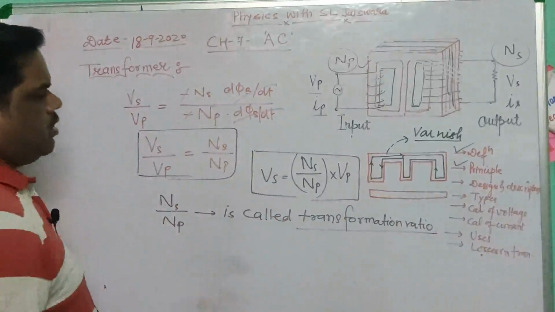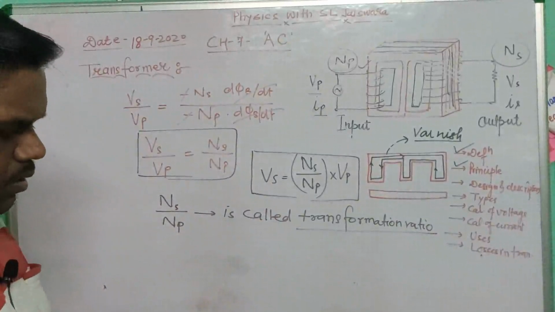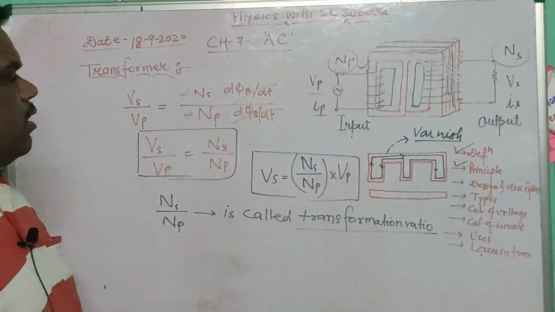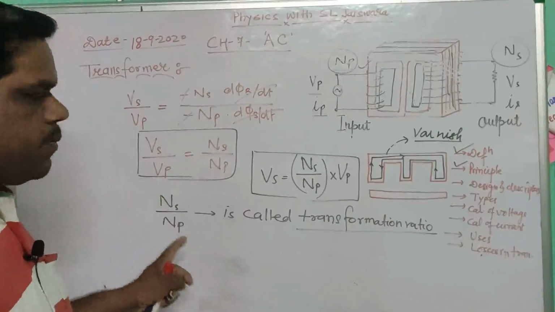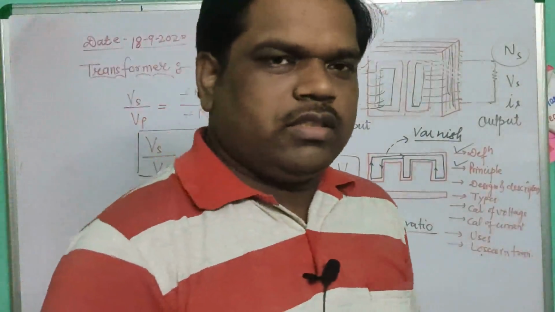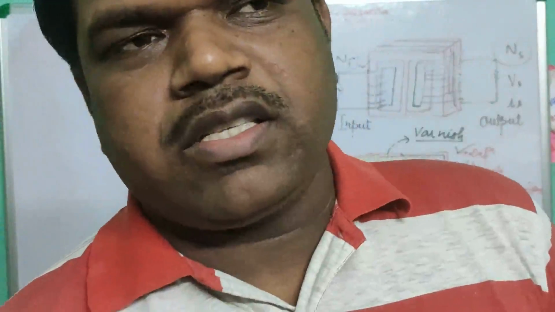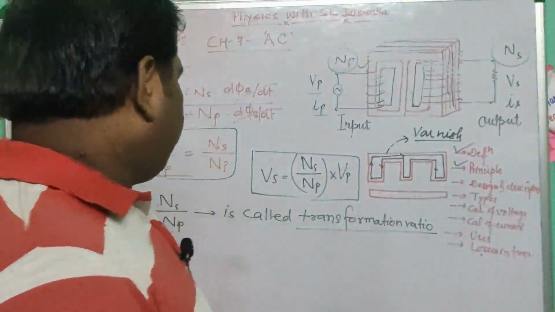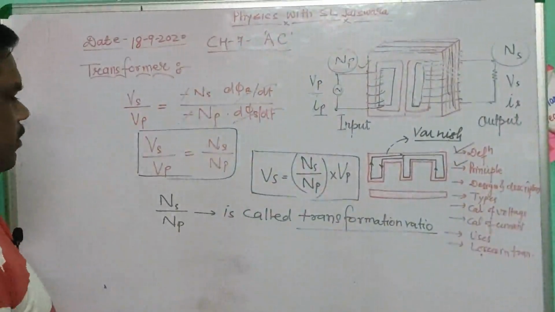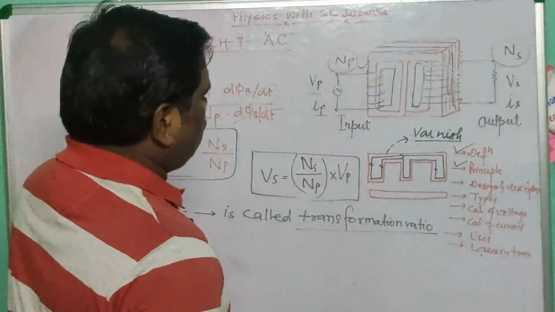Later we will see that if Ns upon Np is greater than 1, then the transformer will be a step up transformer, and if this ratio becomes less than 1, then it becomes a step down transformer.